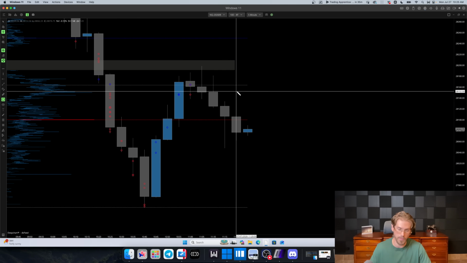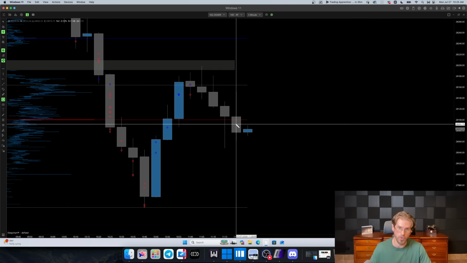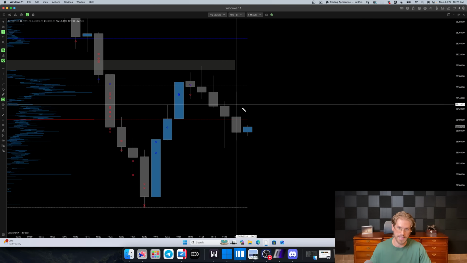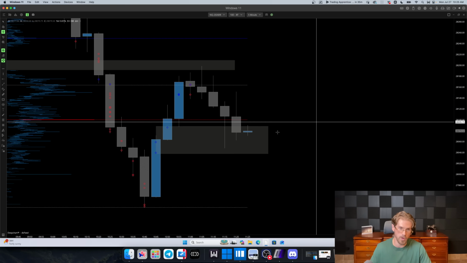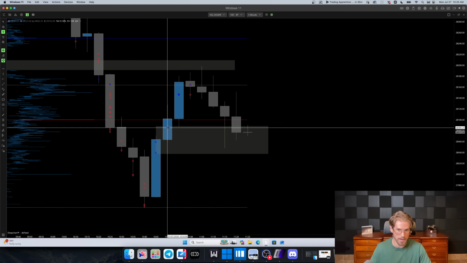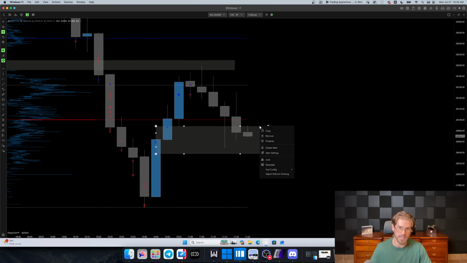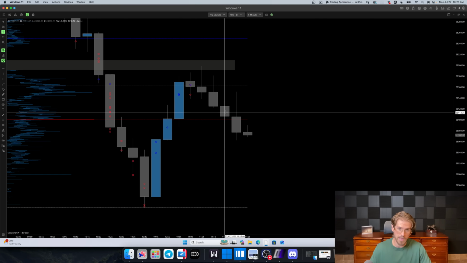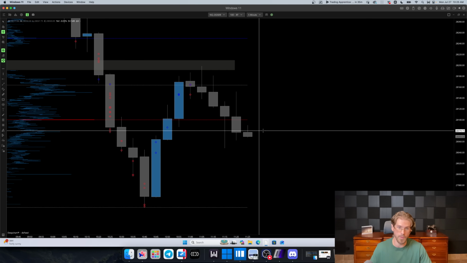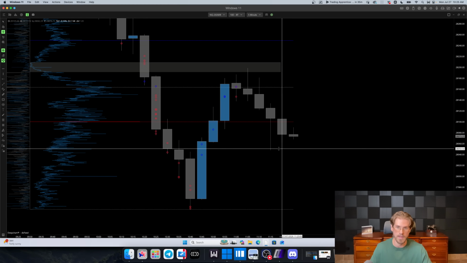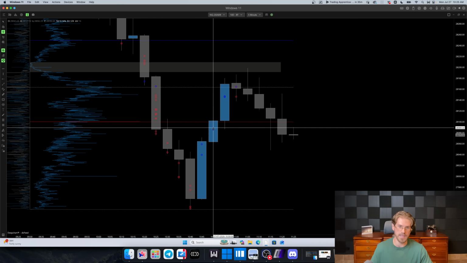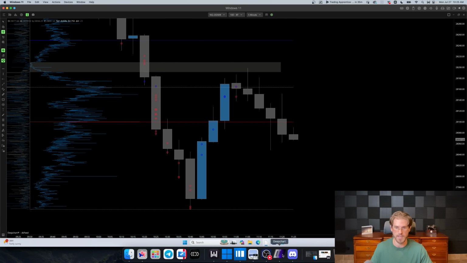Here we want to see that level hold, because overall that was the second leg down from our entry. But right here, it's normal to see buyers defend these areas. What you don't want to see is follow through. Ideally, if we can see a flush through them, then we know they're trapped and they're likely going to get stopped out, or the market's going to go for their stops. So that's what we want to see, but it's not the end of the world if you see a little bit of a bounce there.